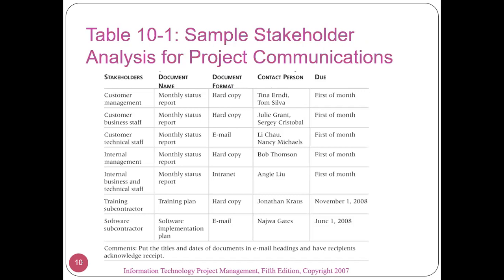Now, this table provides part of a sample stakeholder communication analysis that shows which stakeholders should get which written communication. And we need to take note that the stakeholder communication analysis includes information such as the contact person for the information, when the information is due, and the preferred format for the information.